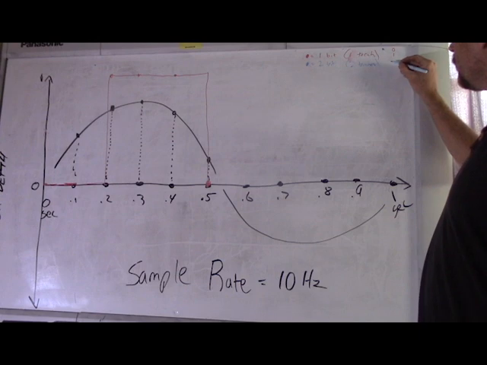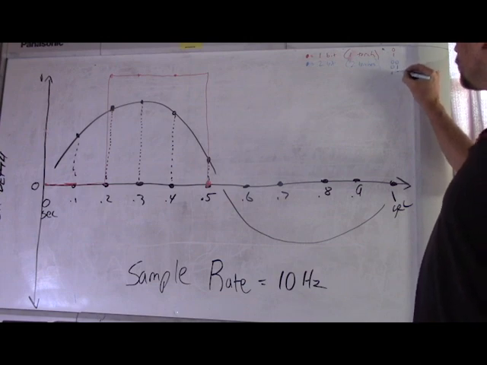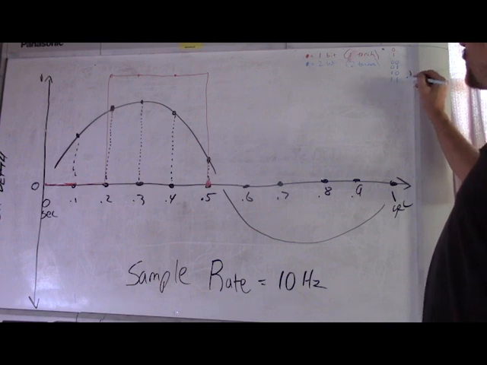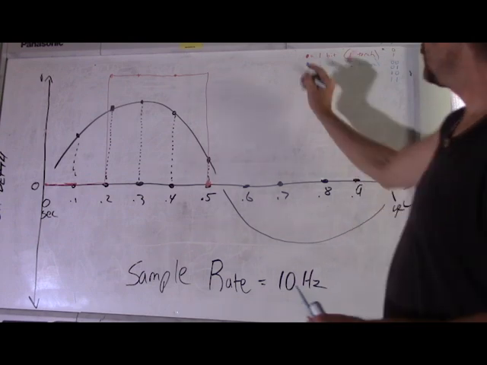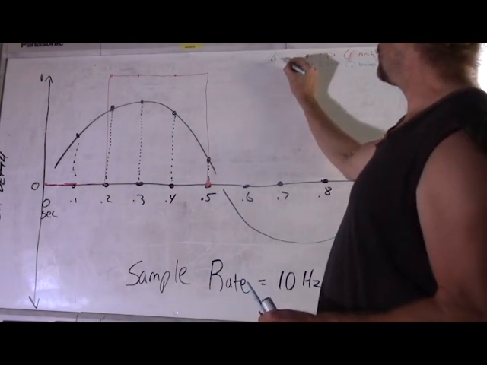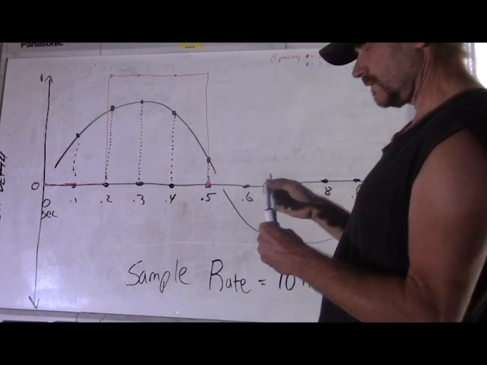But look at, with 2 torches, we could have both of them off, or just that one on, or just that one on, or both of them on. So with 1 bit, we have 2 possibilities.